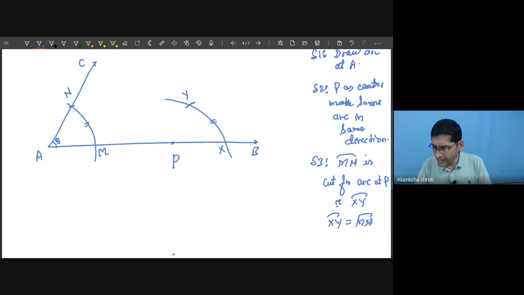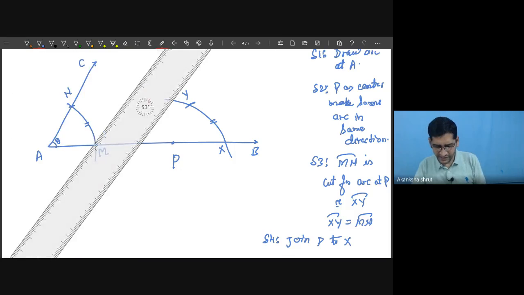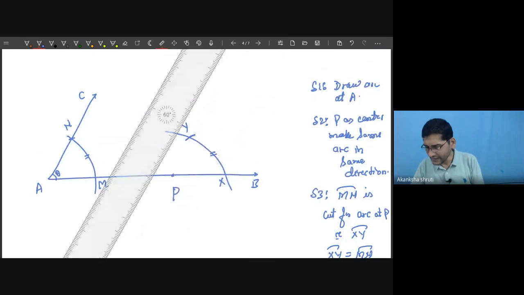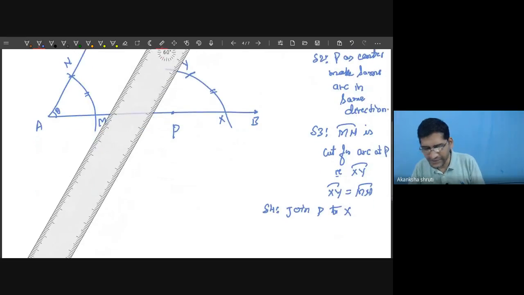Now step number 4 is that you have to join P to Y, not X, because X we have taken on the line.